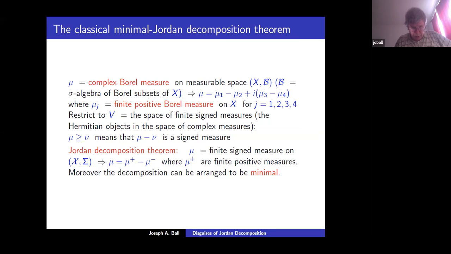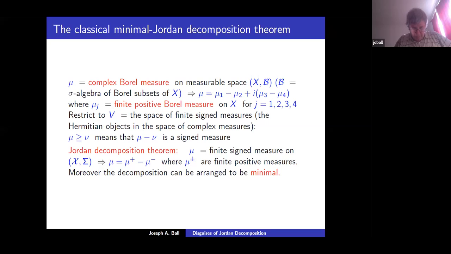Then the measure splits as a real measure plus i times a real measure, and the real and imaginary parts are each a difference of positive Borel measures.